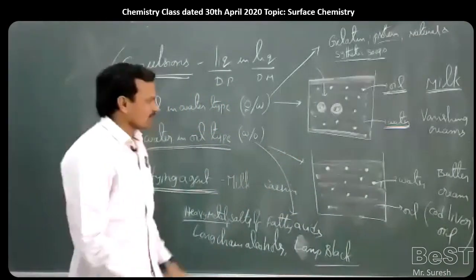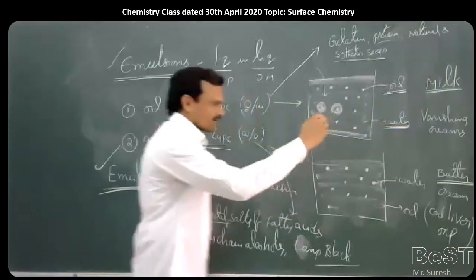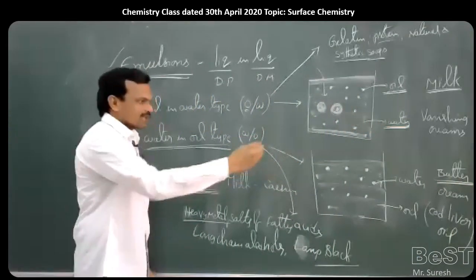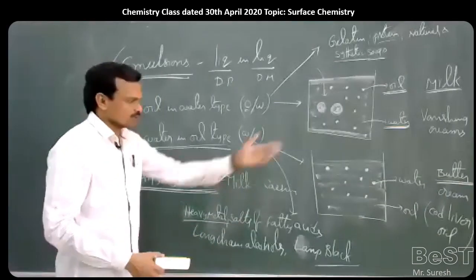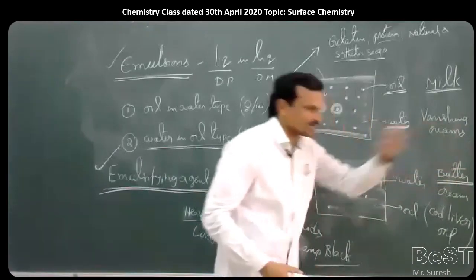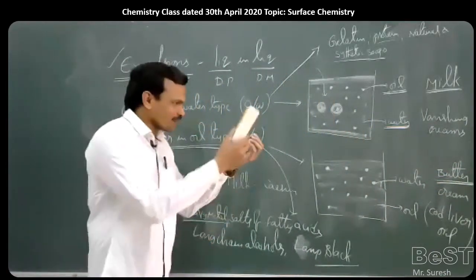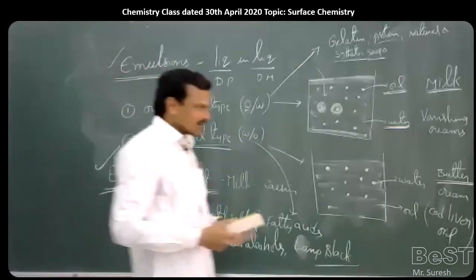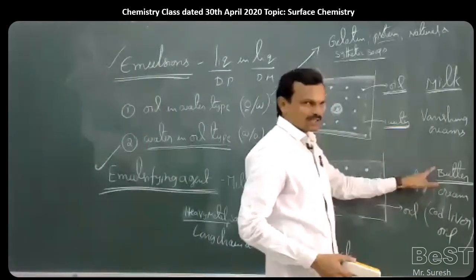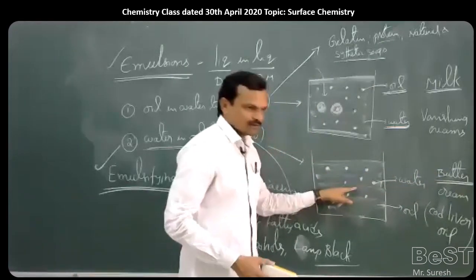A simple example: take some butter which is extracted freshly by agitation of curd. And then if you keep this butter in a refrigerator, what happens? We can observe some water coming out from the butter, and the hardness of the butter will increase. This butter is nothing but water dispersed in oil.